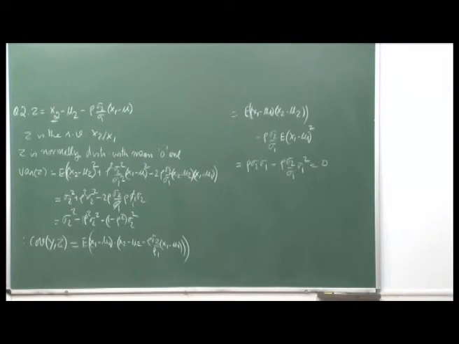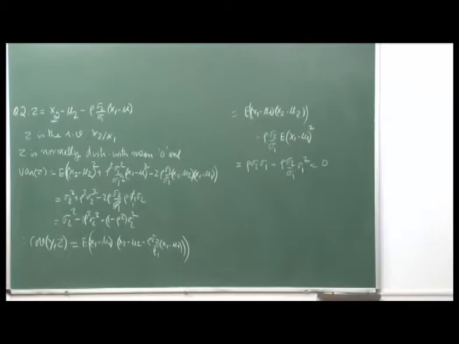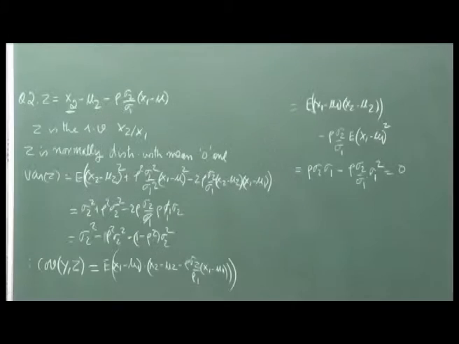By definition of Z, we see that Z is the random variable which is given by conditioning X2 on X1. While computing the conditional PDFs, we had seen that this will also turn out to be a normally distributed random variable, and you can immediately see that the expected value of Z is 0, because the expected value of X2 is mu2 and the expected value of X1 is mu1.